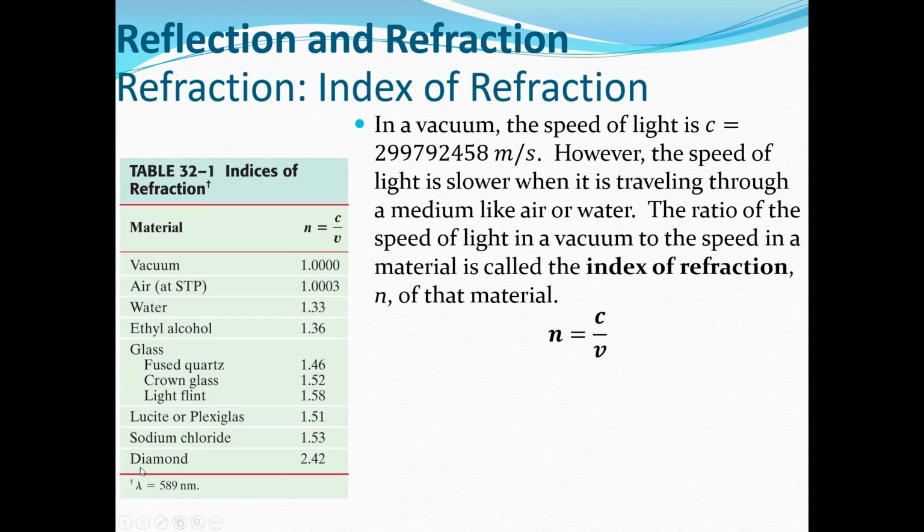One thing to note is that this is only for a specific wavelength of light. It turns out that the index of refraction is wavelength dependent. And it's one of the reasons why we get things like dispersion, where light comes in and gets that nice little rainbow effect because different colors of light will refract differently through a glass medium.